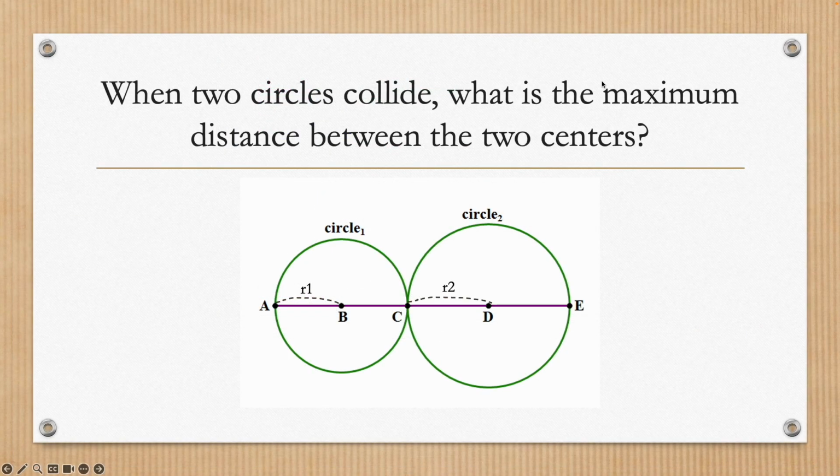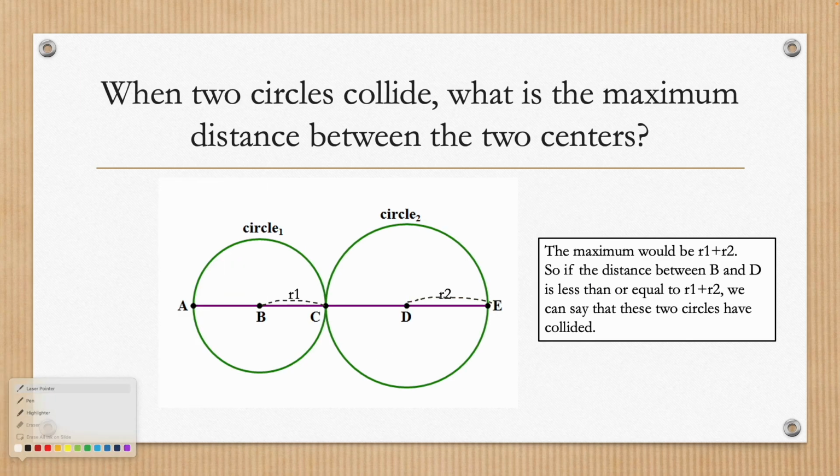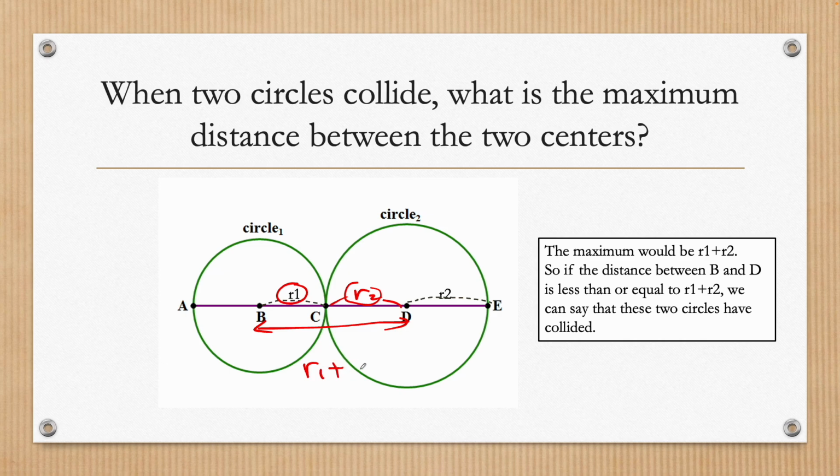Now we're going to be looking at two circles colliding. So you need to have the radius of the first circle, the radius of the second circle, and then you add these two together to come up with the distance between the two centers of the circles. If they're just about to collide, if they're touching each other, like what you see in the diagram, the distance between these two will be just R1 plus R2.